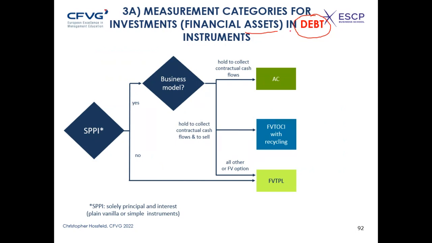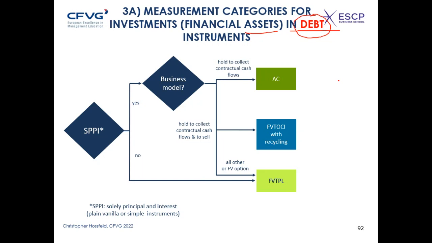So here first we talk about a debt financial asset. That means a bond that I purchase, but it also includes, for example, accounts receivable, because accounts receivable are a financial instrument, and it's a debt because your client needs to reimburse you.